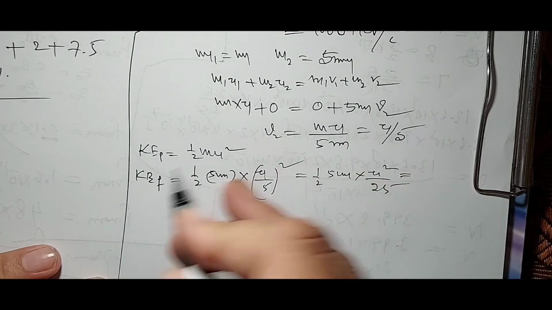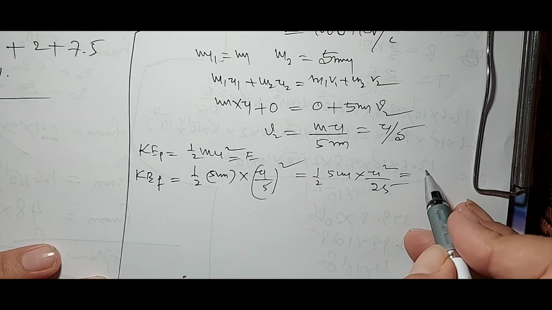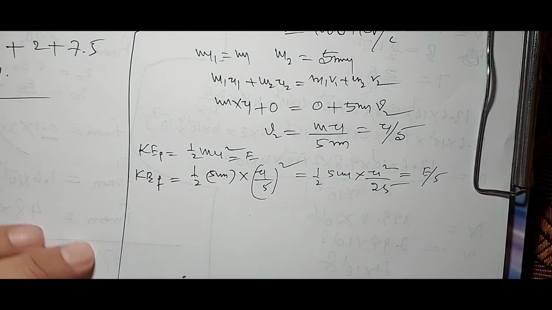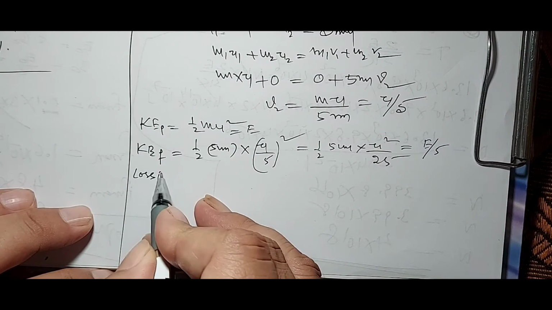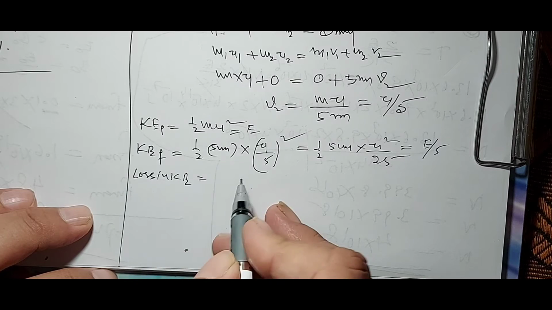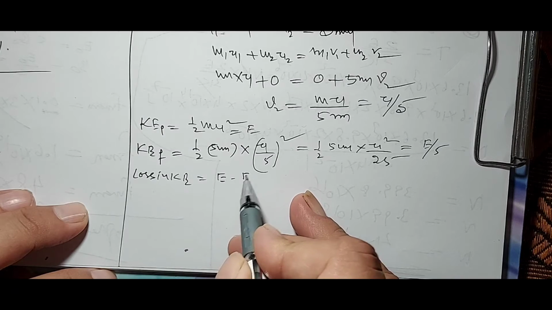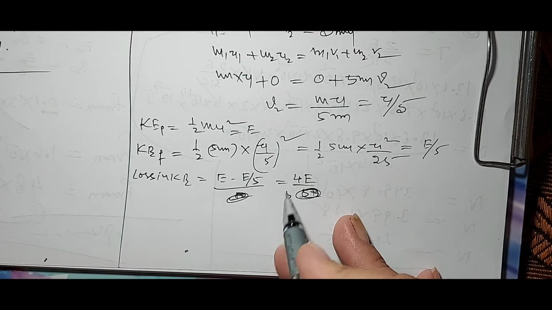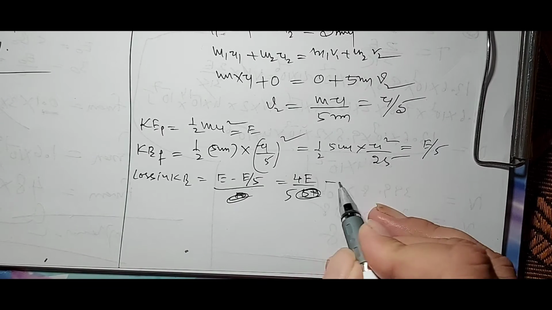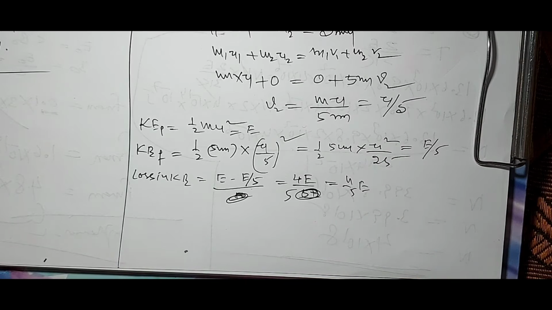For example, the initial kinetic energy we assumed as E, the final kinetic energy, what we write here, E by 5. Loss in kinetic energy is equal to initial kinetic energy E minus final kinetic energy E by 5, which is equal to 4 by 5 E. Only we found the loss in kinetic energy.